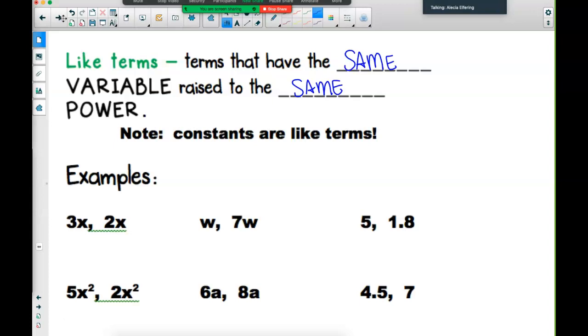So put that definition in your notes. Like terms: terms that have the same variable raised to the same power. And then it says note constants are like terms. So they don't have a variable at all. So they go together.